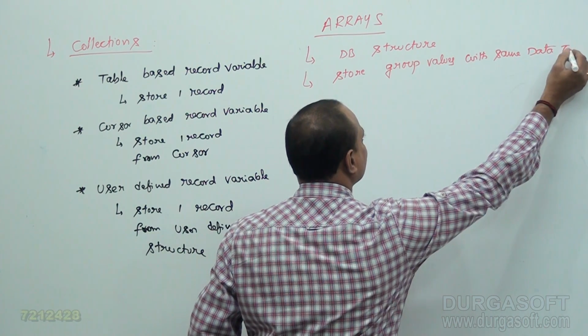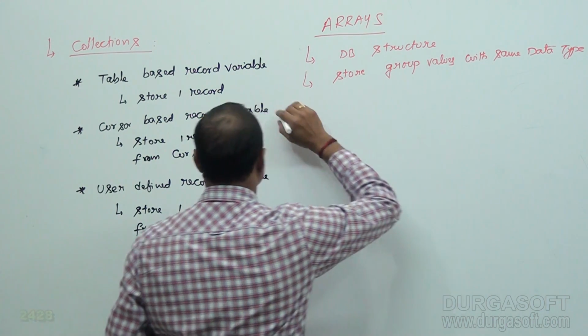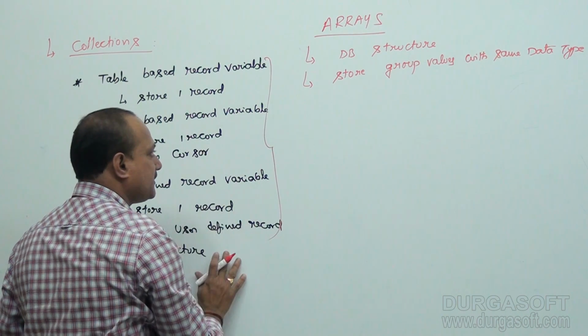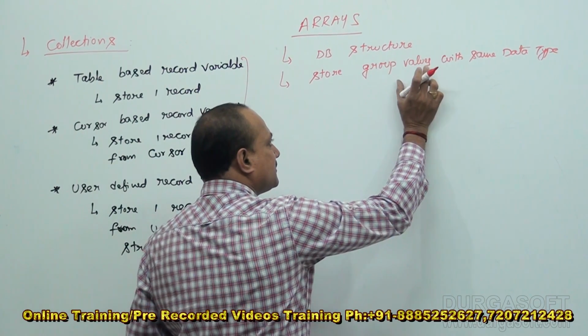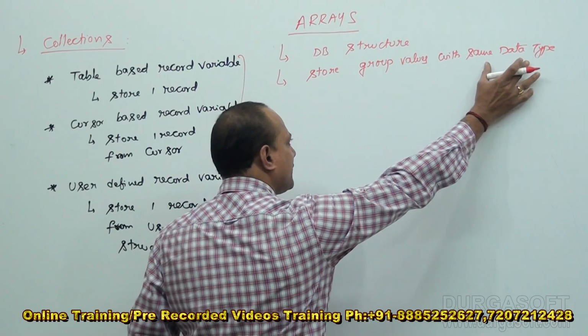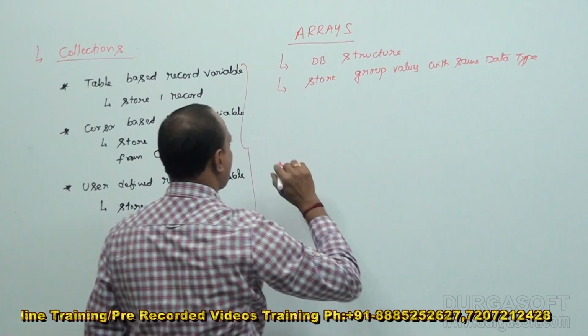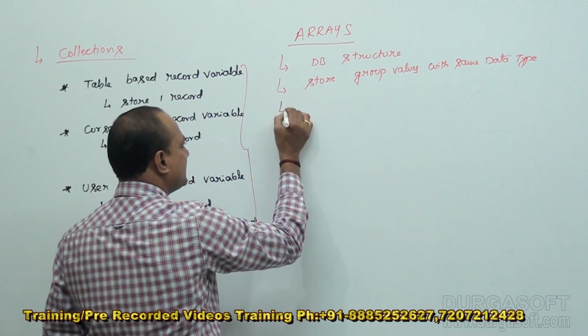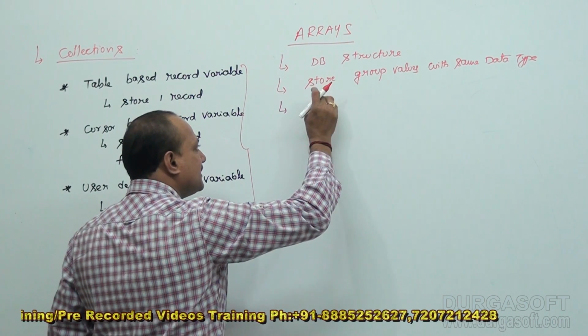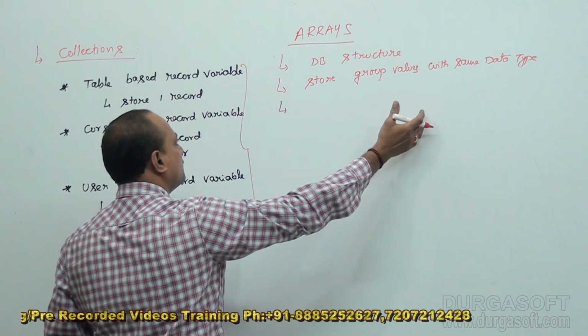This is important. Here, composite variables have different data types. Here, one structure stores a group of values with the same data type, and this group of values is stored at continuous memory locations.